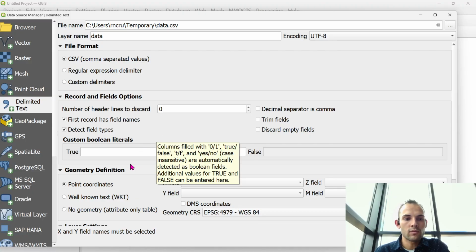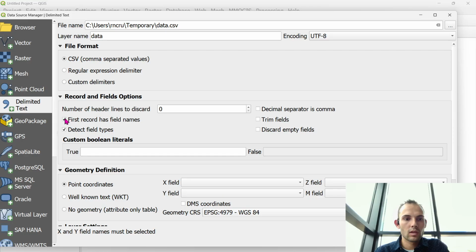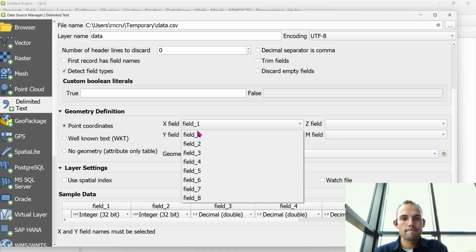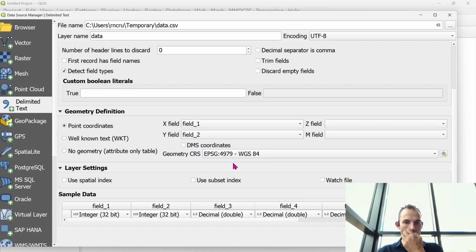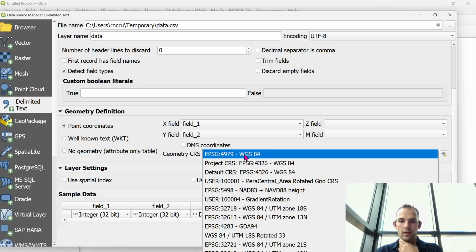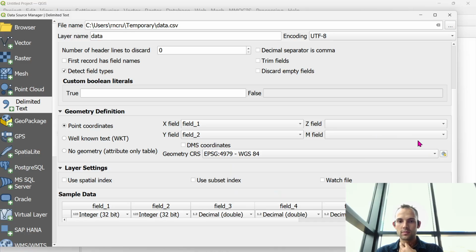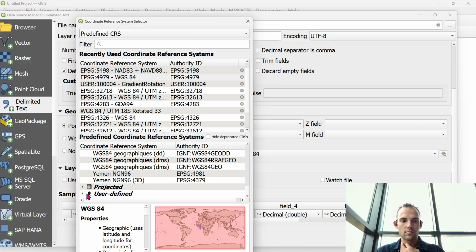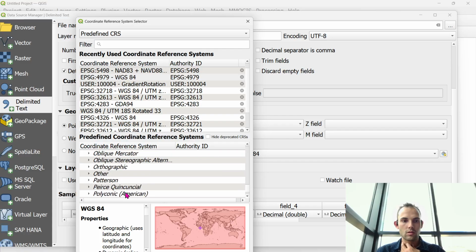This is a CSV file. Does not have field names. Well, I filled this field too. I need no coordinate system. How can I get rid of the coordinate system? How do you get rid of the coordinate system in this?